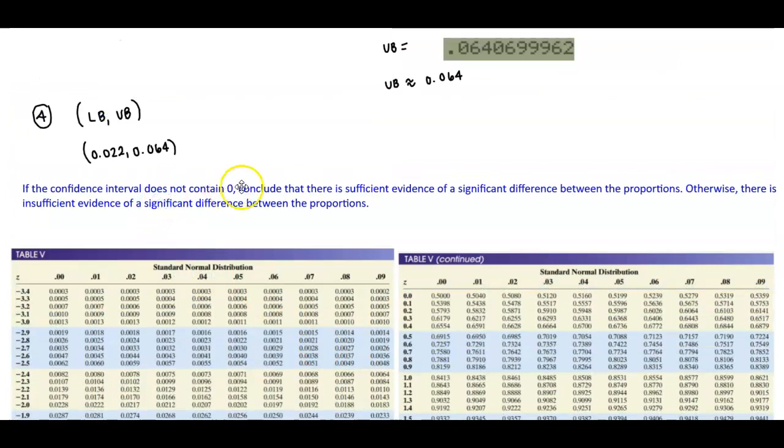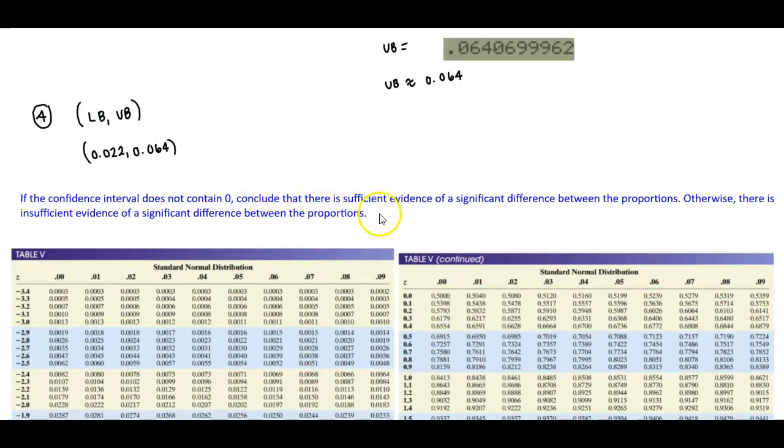does not contain 0, conclude there is sufficient evidence of a significant difference between proportions. So if you look at this confidence interval, is 0 in there? Okay, it does not contain 0. So therefore, we can say that the confidence interval does not contain 0, so we're going to conclude that there is a significant difference between the proportions.